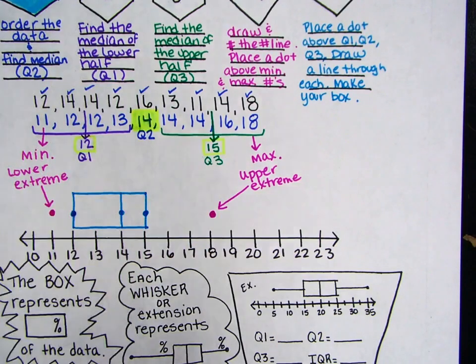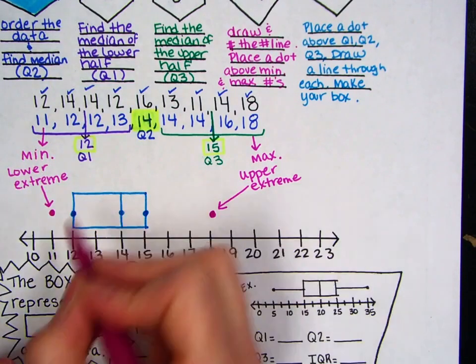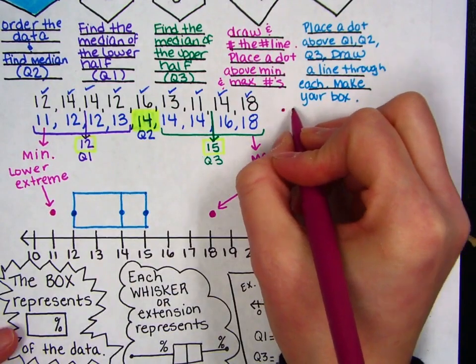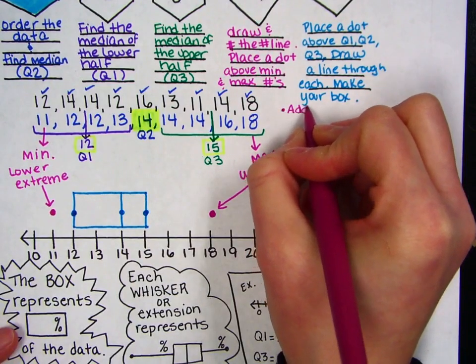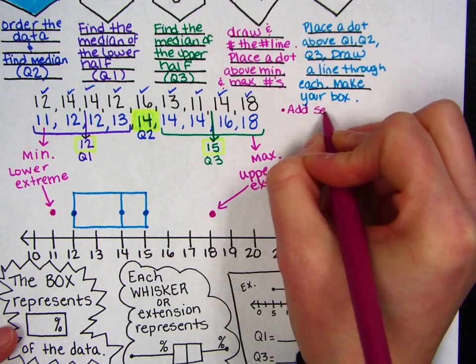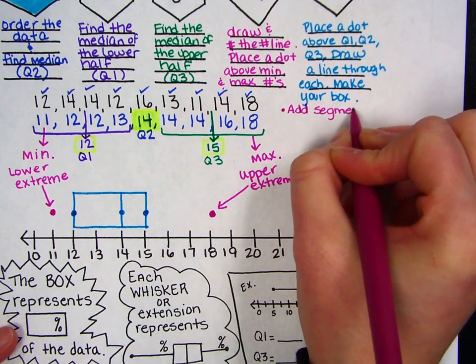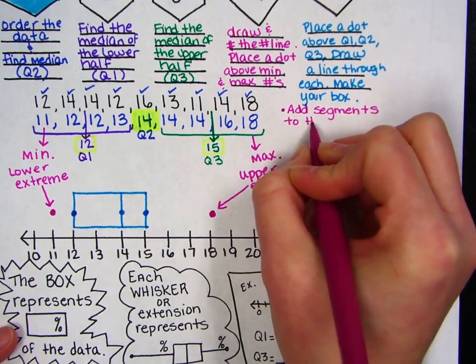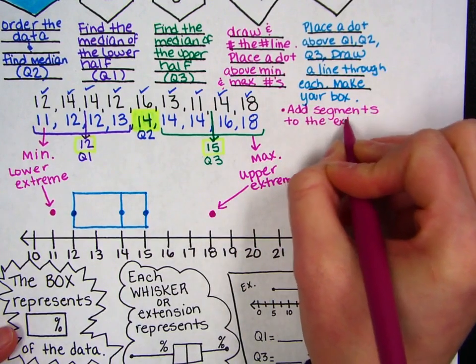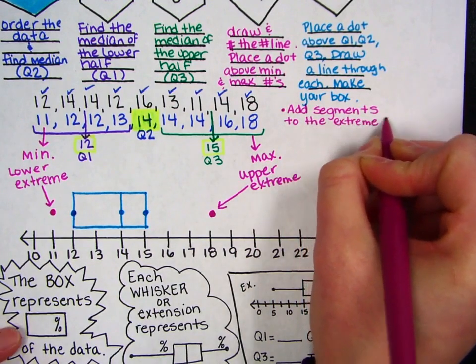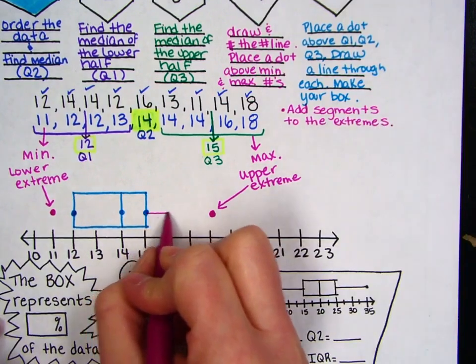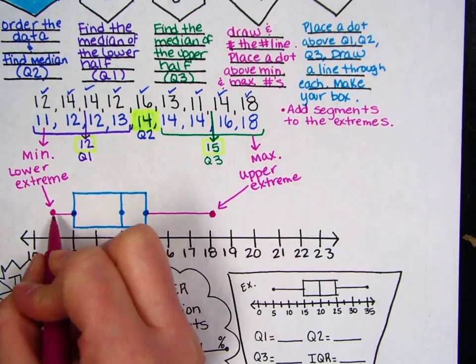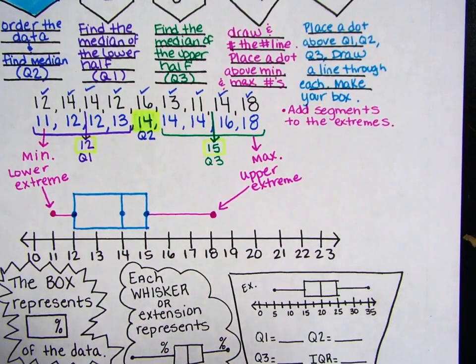The last piece of creating our whole box plot, I'm going to add it right here, is to add line segments to the extremes, meaning the minimum and maximum numbers. Hey, I did pretty good keeping these in line. Not so shabby.